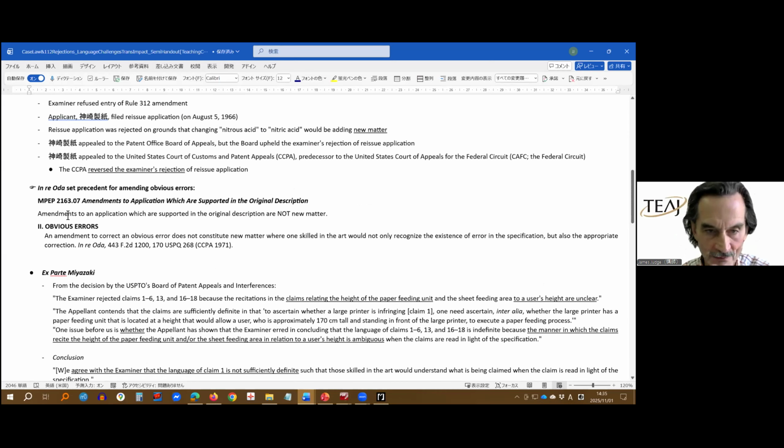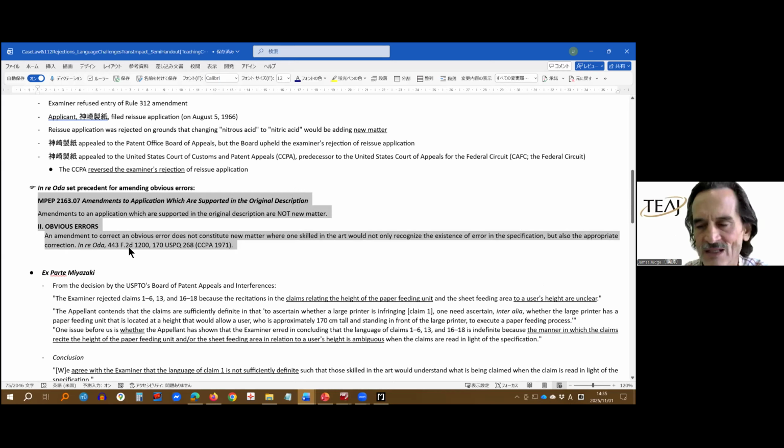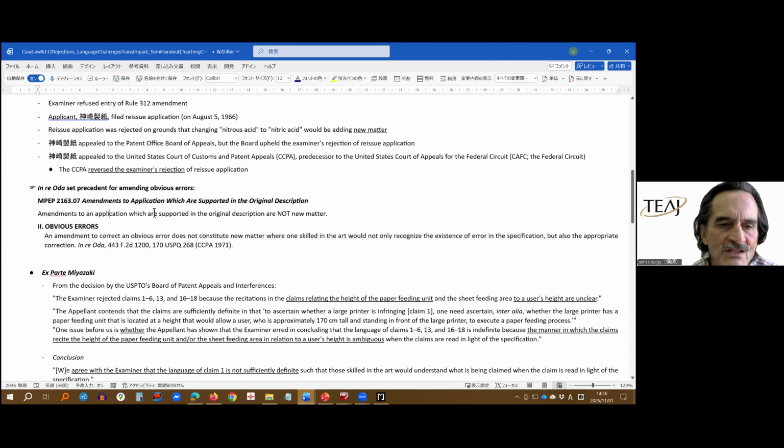And that result is here now in the MPEP in this section 2163.07. Amendments to an application which are supported in the original description are not new matter. And there's a couple of sections there. And the second one says obvious errors.